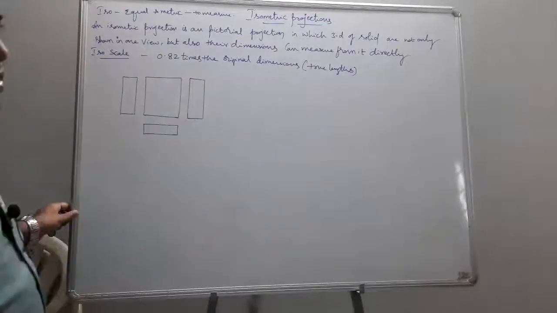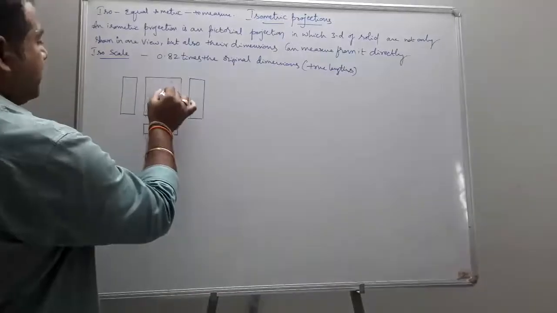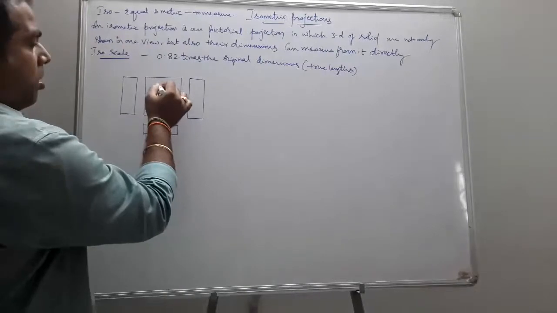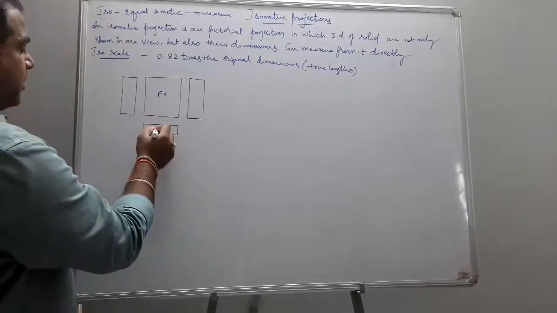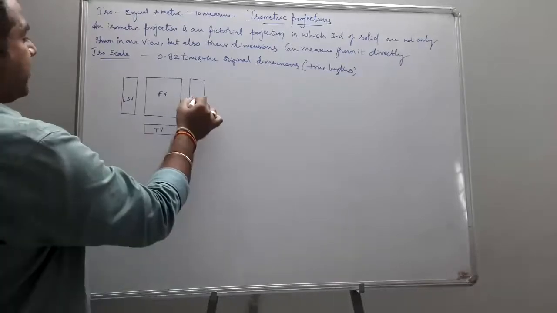This solid object is seen from the front view, and below the front view you obtain the top view. This is the left side view and this is the right side view.